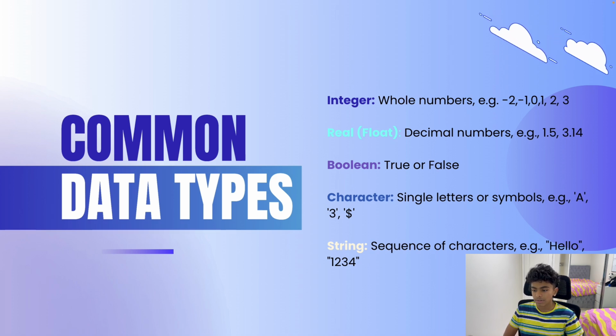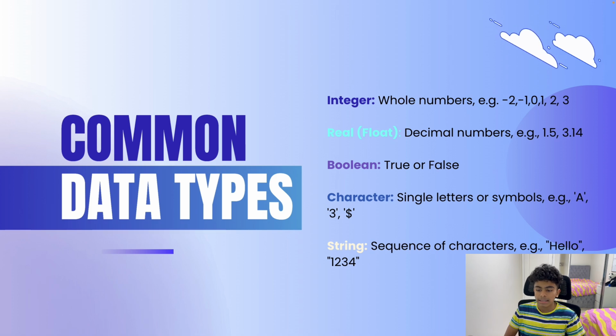So you can have, for example, as you can see over here, A, 3 or a dollar symbol. You have to keep in mind that it's just a single letter or a symbol. So you can't have, for example, A+ or -3. And you should also remember, if you have numbers within it, then it won't be the same as an integer, okay?